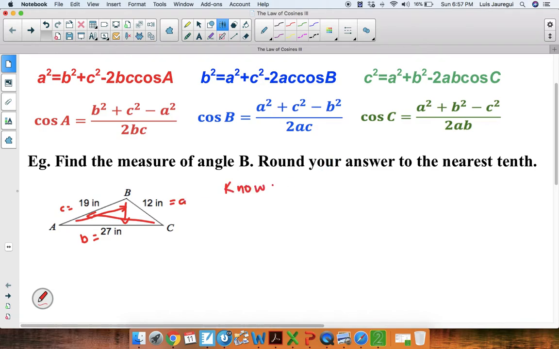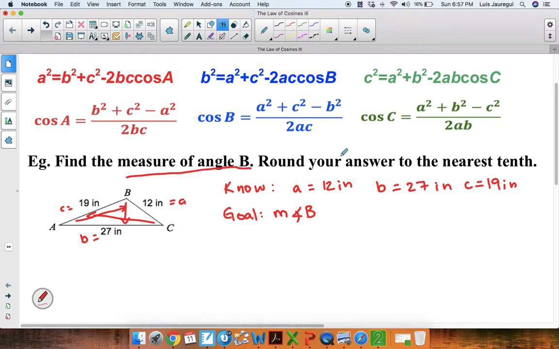We know that a is equal to 12 inches, b is equal to 27 inches, and c is equal to 19 inches. What is our goal? Our goal is to figure out the measure of angle B. That's what we're being asked to find.